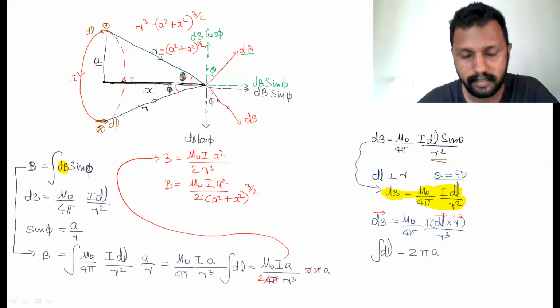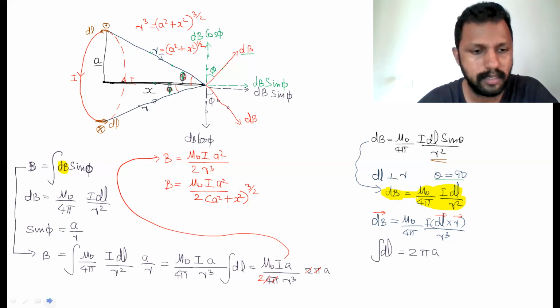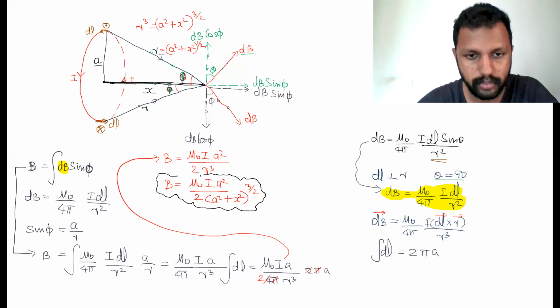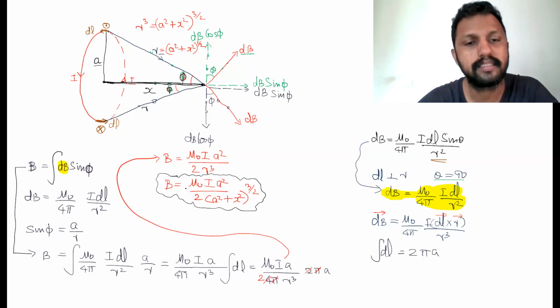Hope you are understanding this. This is the magnetic field intensity at the axis of the circular loop. The expression for magnetic field intensity at the axis of the circular loop is B is equal to mu 0 I a square divided by 2 into a square plus x square whole raised to 3 by 2.